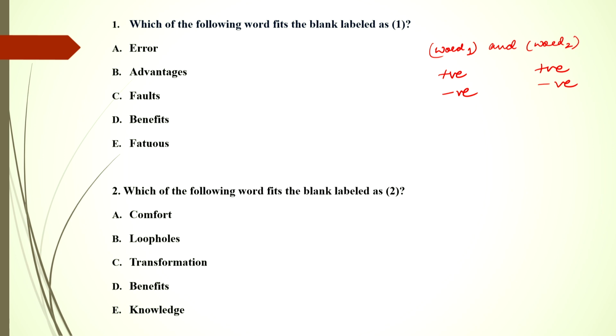Or another scenario, if word 1 is an adjective, then word 2 will also be an adjective. Or if word 1 is plural, then word 2 will also be plural. Fine, so is it clear?